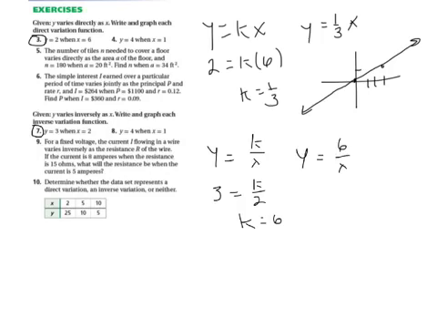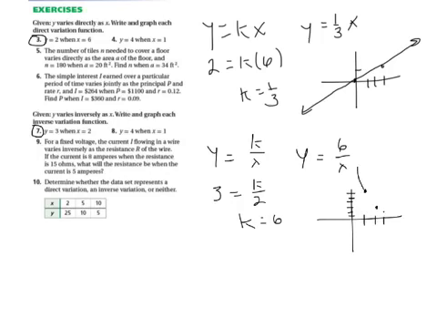And if we're graphing that, it should look something like this. As x is 1, y is 6. As x is 2, let's see, 1, 2, 3, 4, 5, 6, y is 3. And as x is 3, y is 2.